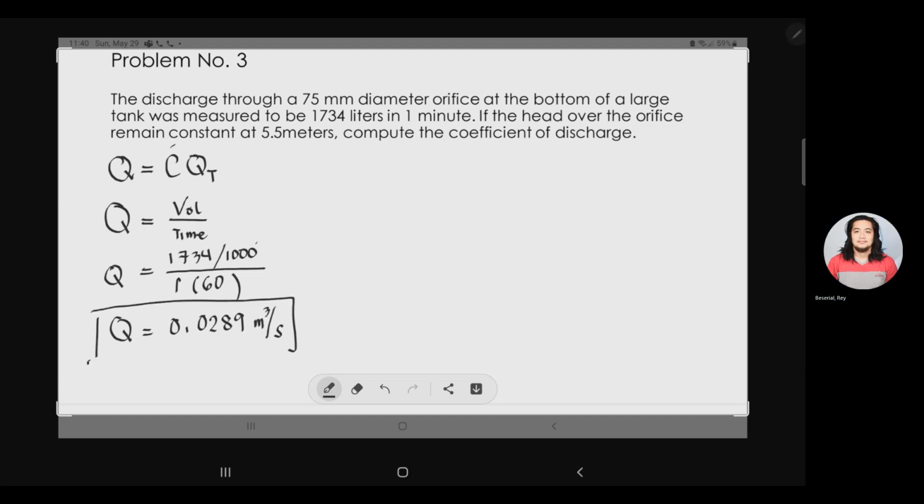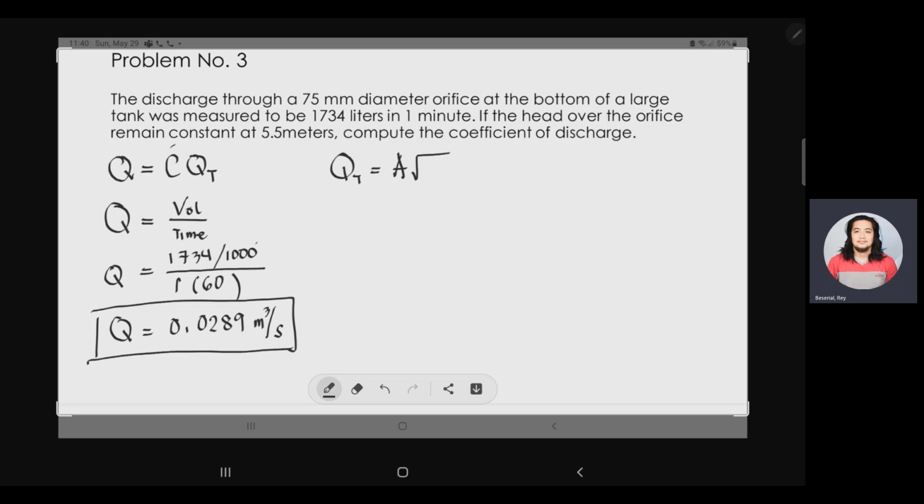Okay? Next, kukunin natin yung ating theoretical discharge na Q sub T. So, ang formula natin para sa theoretical discharge is area ng ating orifice times square root of 2GH. Okay.